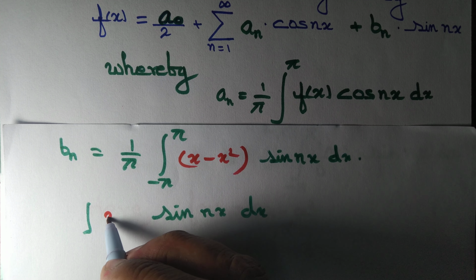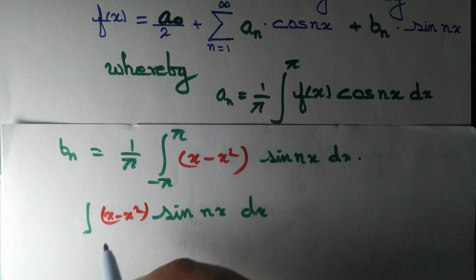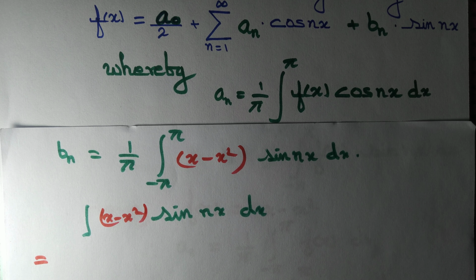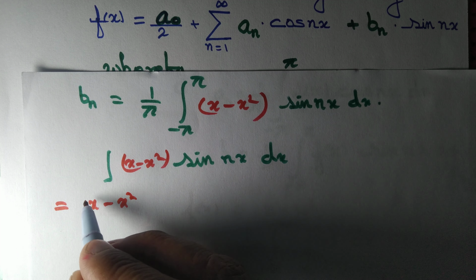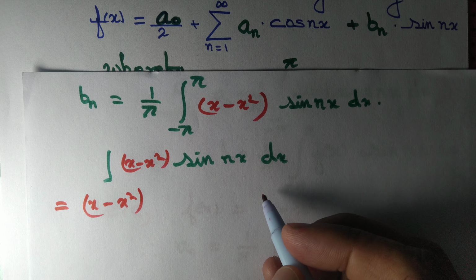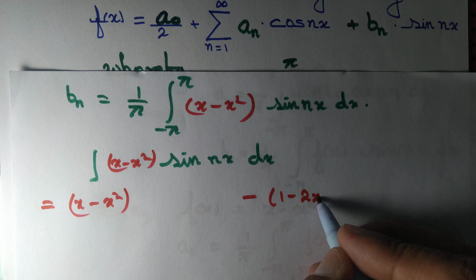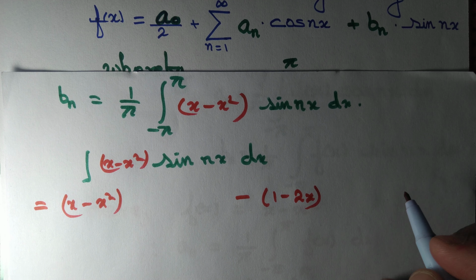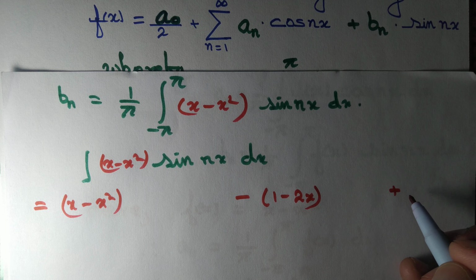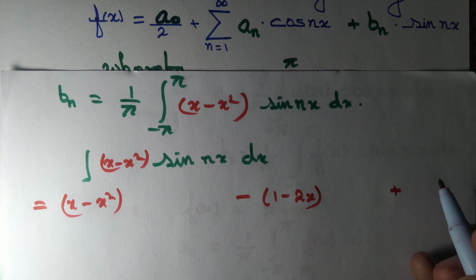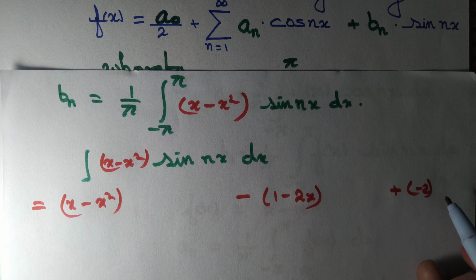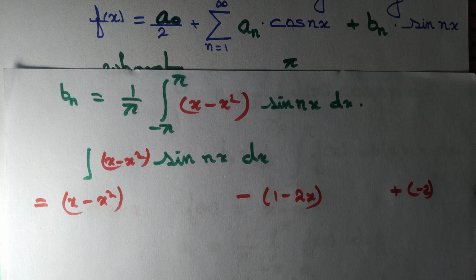First expression as it is, x − x², then the integral of sin nx that we can write later on, minus the derivative of x − x², which is 1 − 2x, then the double integral of sin nx we can write later on, plus the double derivative of x − x², which is −2, then the triple integral of sin nx.